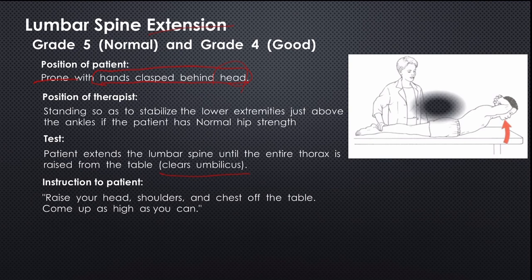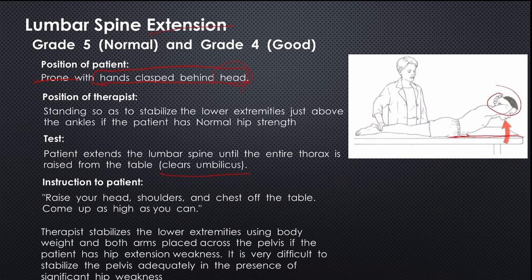So this is a picture of it. See, your hands are clasped at the back of the head. This provides the resistance already. Then the umbilicus should be clearing the table so as to grade it accurately. So the therapist stabilizes the lower extremities using the weight of both arms placed across the pelvis.